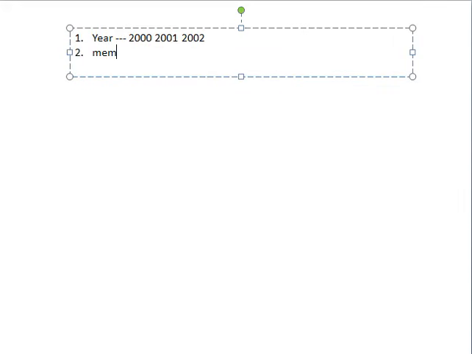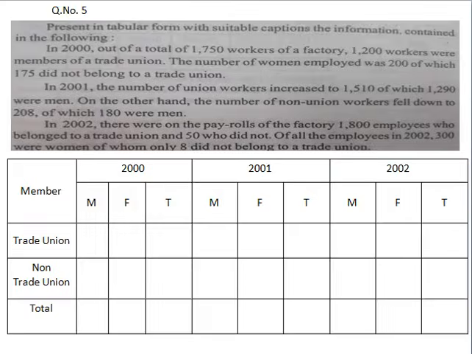The workers are classified into two: members of the trade union, and one more, non-trade union. So this was the second one. Third one now. The first para gave male or female workers.